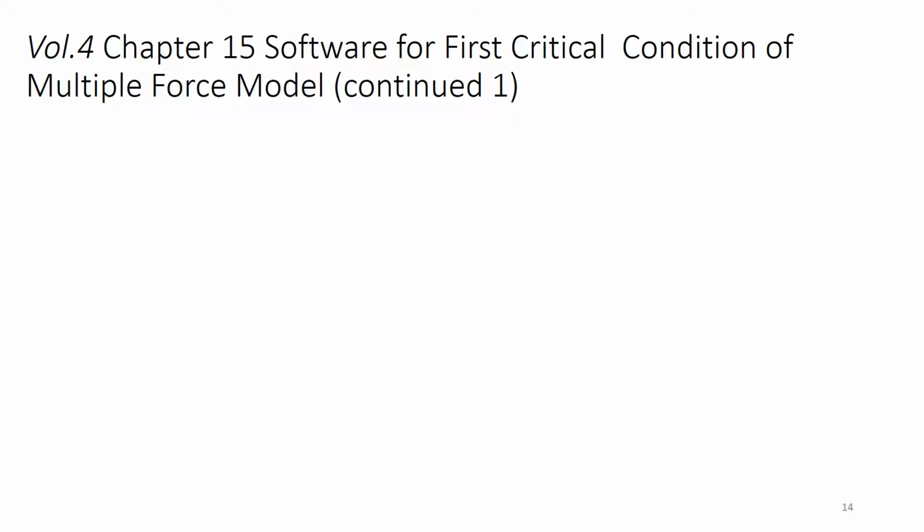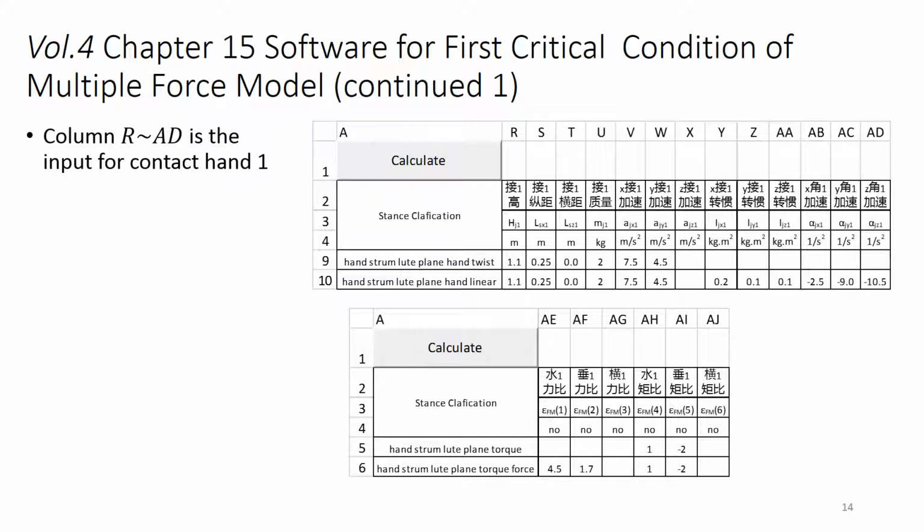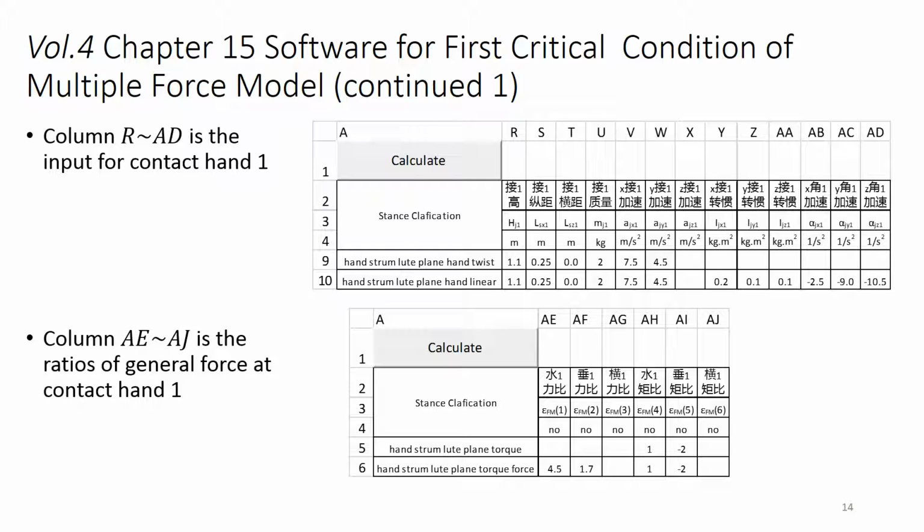Chapter 15. Software for first critical condition of multiple force model, continued 1. Column R to AD is the input for contact hand 1. Column AE to AJ is the ratios of general force at contact hand 1.